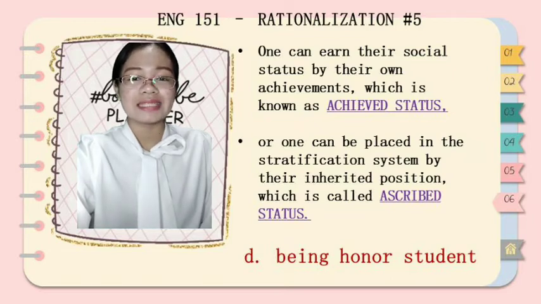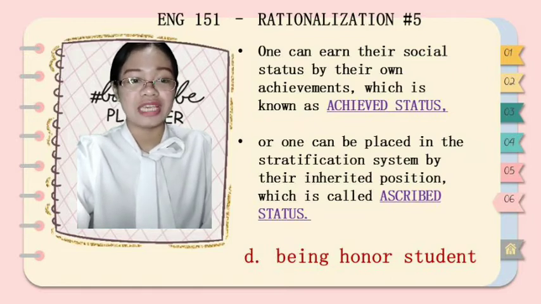So the correct answer for question number 5 is letter D, being honor student. Again, why? Because achieved status is earned by their own achievements. So that is another social status. On the other hand, the second status is when you inherit a specific position, which is called ascribed status.